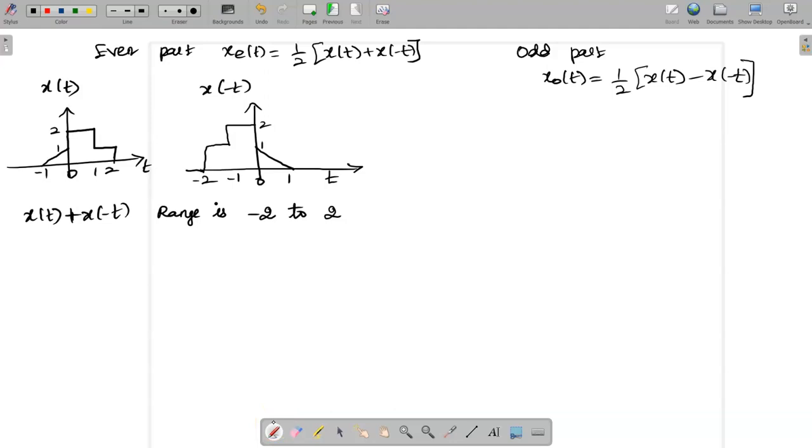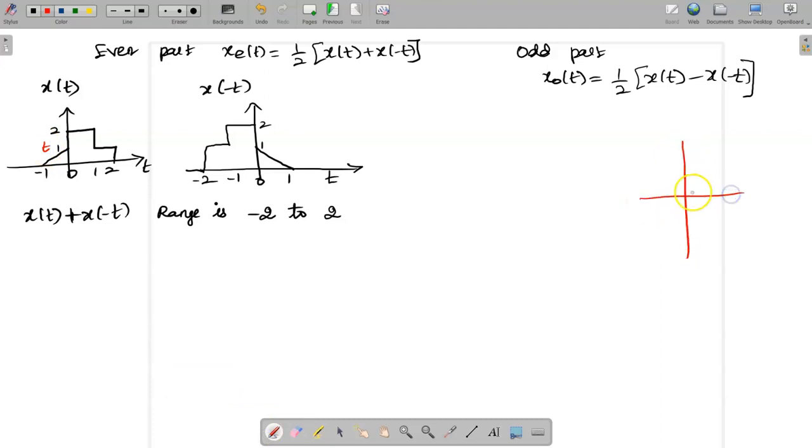Okay, so after finding that, we need to find out the value of each and every duration of these two signals. For that, first let us see what is the amplitude at each instant. For minus 1 to 0 it is an increasing slope. For one duration, one amplitude it is increasing, so here the amplitude is t.